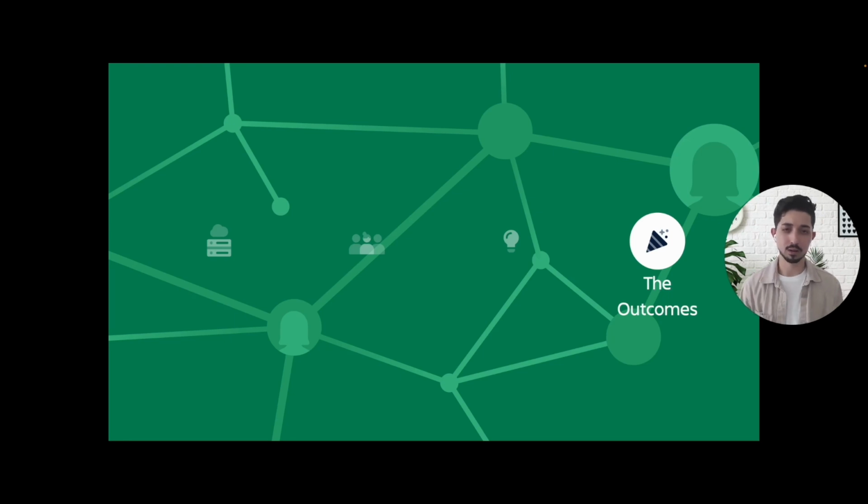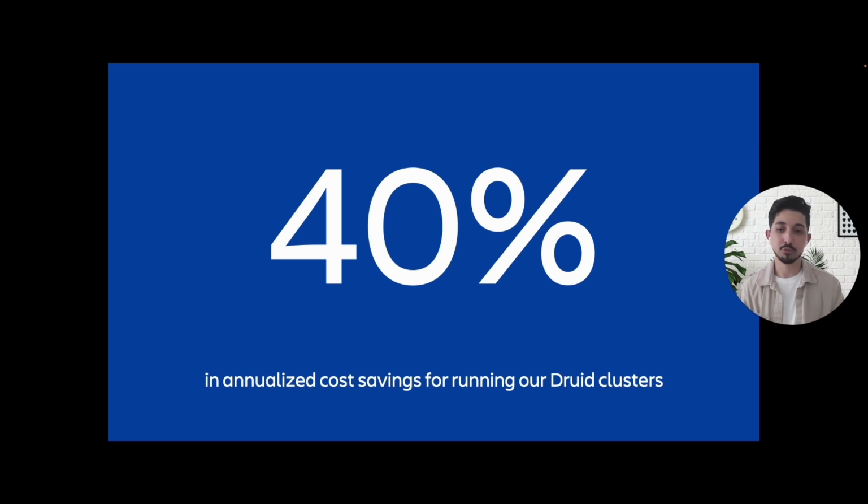Now, the outcomes. We were able to run many load tests, and we were able to verify configurations and scale that we didn't have in the past, that was imperative to getting the concurrency that we were looking for in Druid. And fortunately, from this, we were able to experience a 40% cut in annualized cost savings for running our Druid clusters.